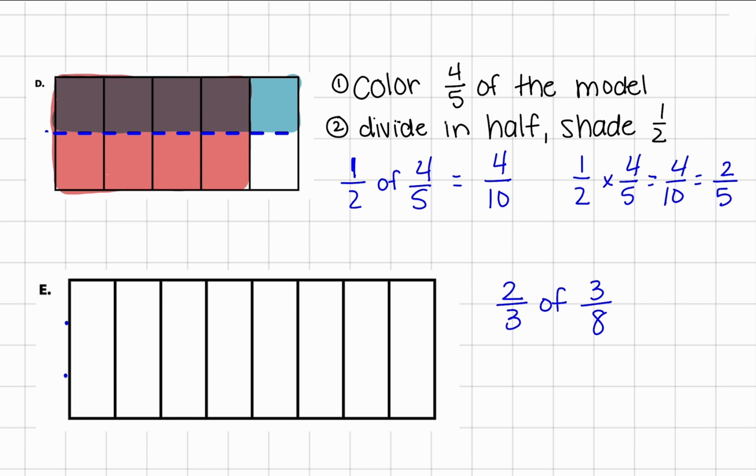For E, we did 2/3 of 3/8, so we would color 3/8 because 3/8 is our second fraction. And then we would divide our model into thirds.